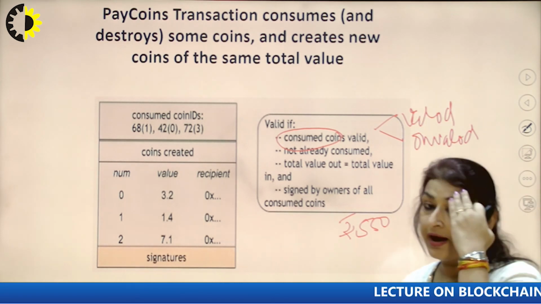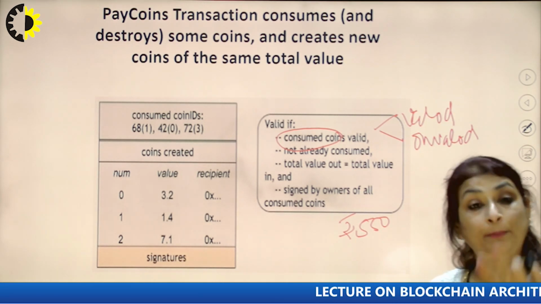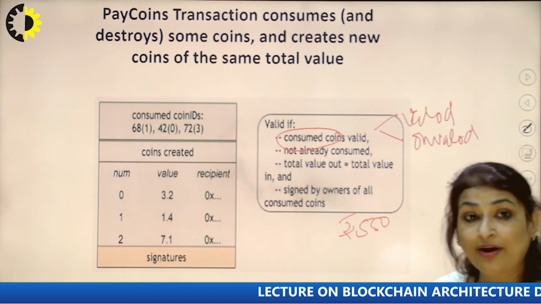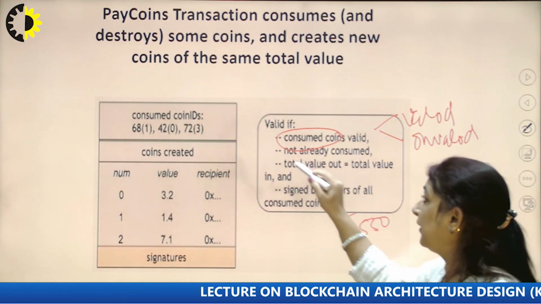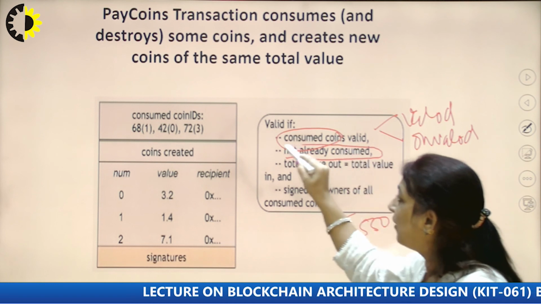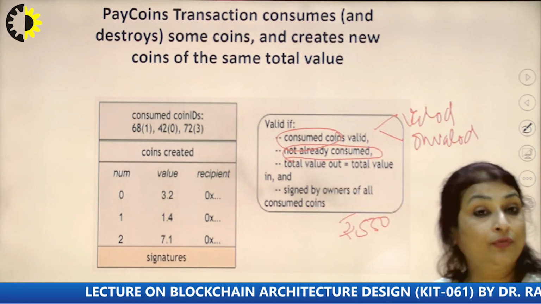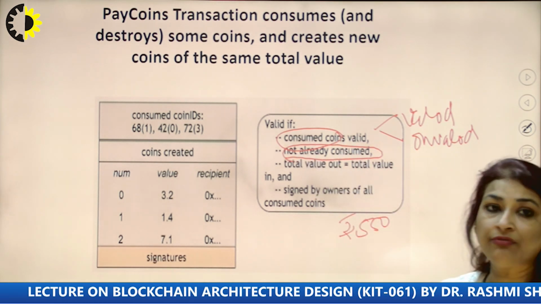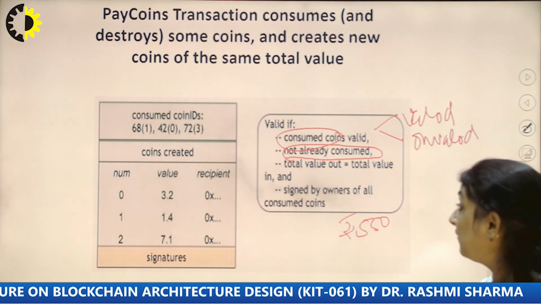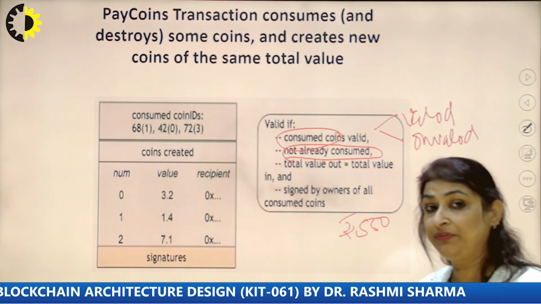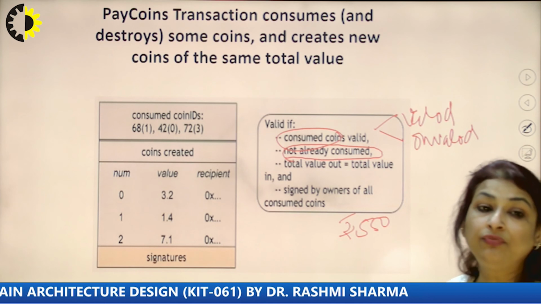Or maybe I have spent that particular coin previously and now I am retrying to do it. In that case, we should know if you have already consumed it or not, and only then can we have a valid transaction. Otherwise, if I have consumed that particular coin previously, then it won't be valid.